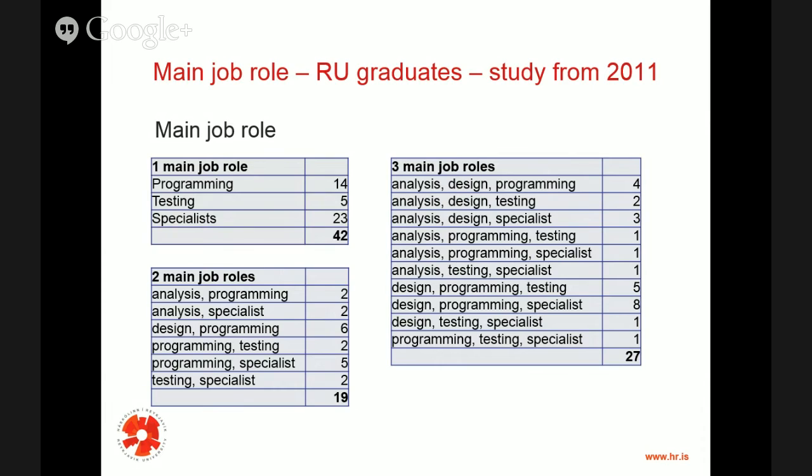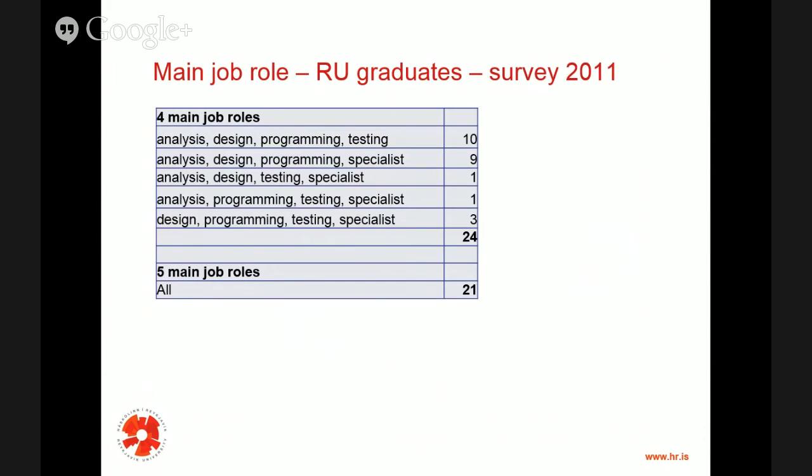I don't have any other main job role. There was none that said I only design or I only analyze. And there were 21 that said I have everything, I do all of it. I'm a specialist and I do requirements, design, program, and test.